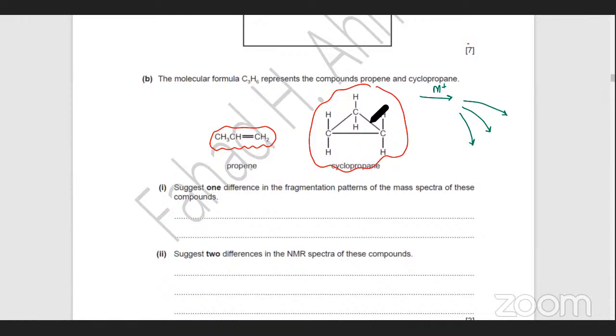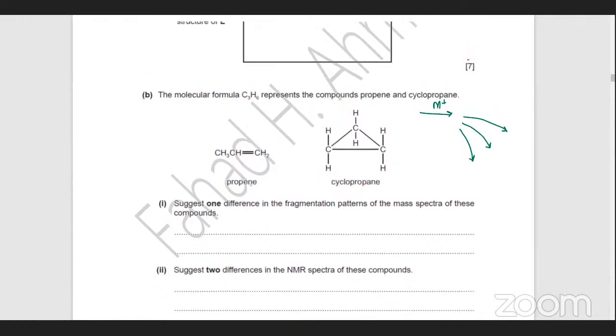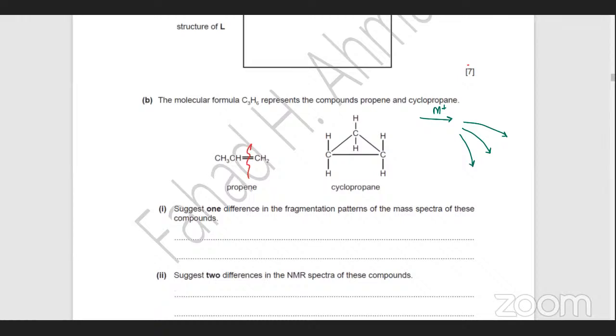As an example, if I get a fragment during the ionization process, the molecule breaks, and I get a tiny fragment of CH2, and it has a mass of 14.